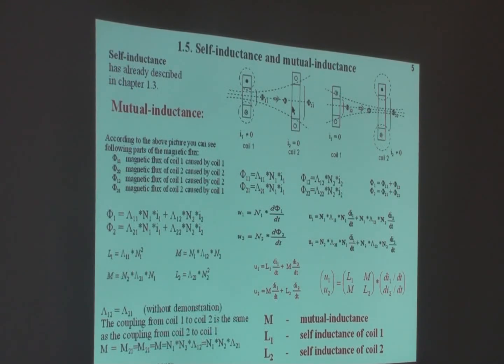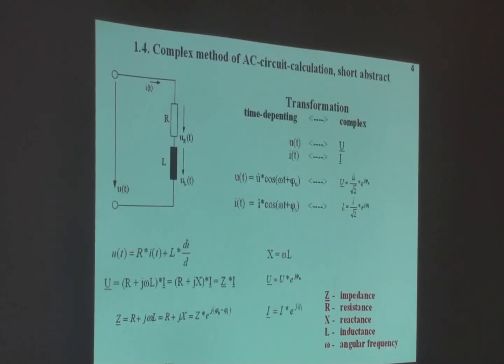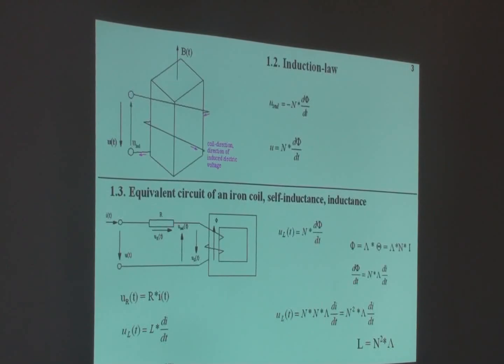And on the last page we had the induction law. If a magnetic flux which varies in time passes through a coil, we have an induced voltage.